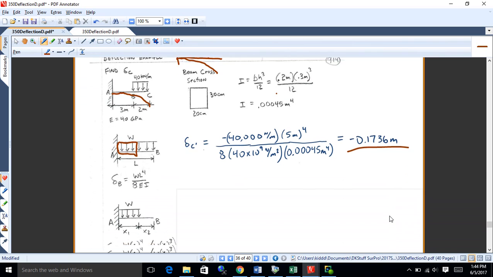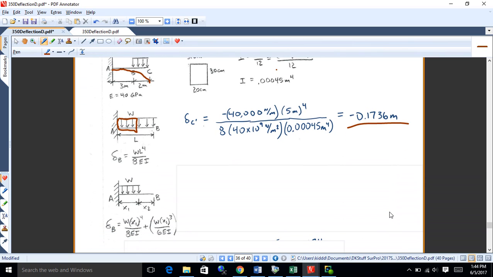So the way I'm going to do that is I'm going to use a formula for a load over a portion of a cantilever, which you've got on your formula sheet: Wx1^4 over 8EI plus Wx1^3 over 6EI. All right, so there's the formula there.